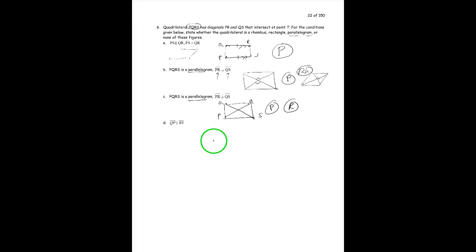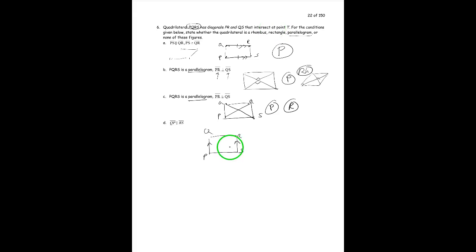And then this last one, we'll draw this again, PQRS, and we know that QP is parallel to RS. So QP is parallel to RS, but we're given nothing about the top two sides.